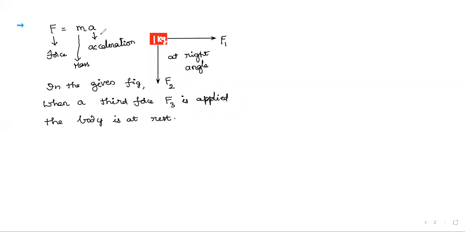At rest means acceleration how much? 0. At rest means acceleration is 0, so M into 0 is F equals to 0. By multiplying with 0, F is 0.